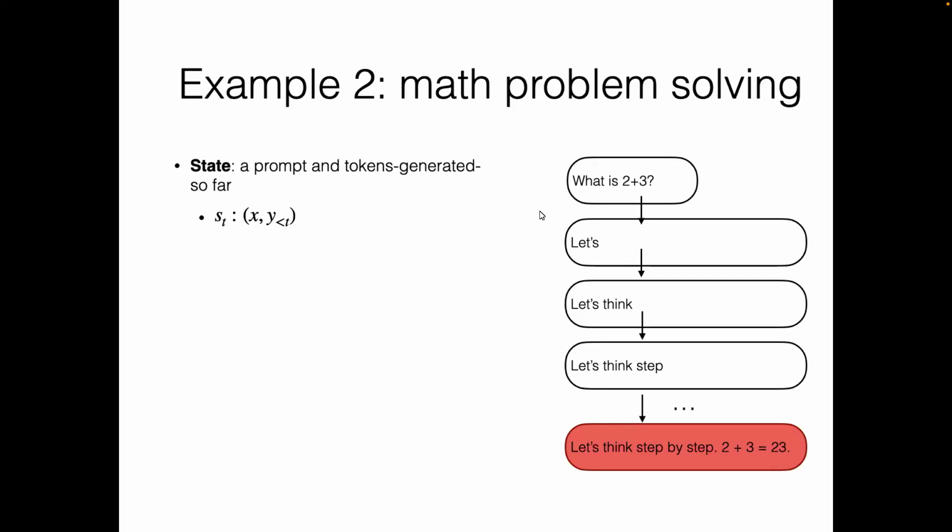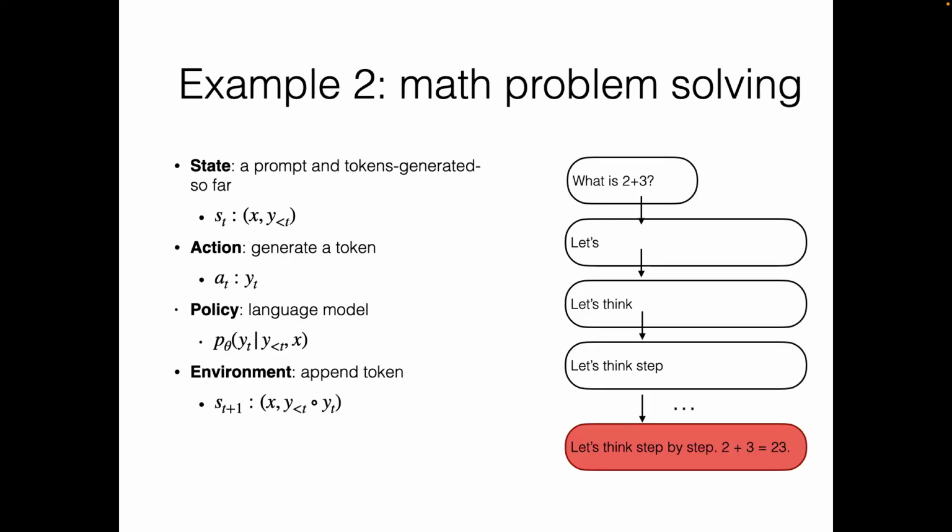Here you have the prompt plus these. And your actions would be to generate a next token. And here the policy or the agent is just the language model. You could use the letter pi if you want. It's this distribution, which is getting the current state and giving you a distribution over actions.